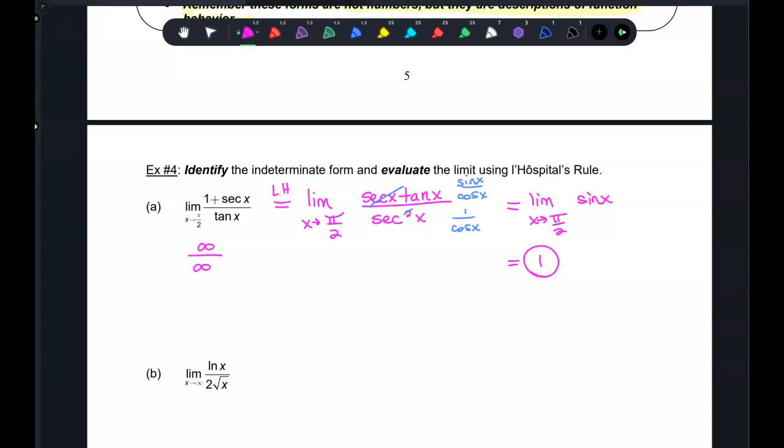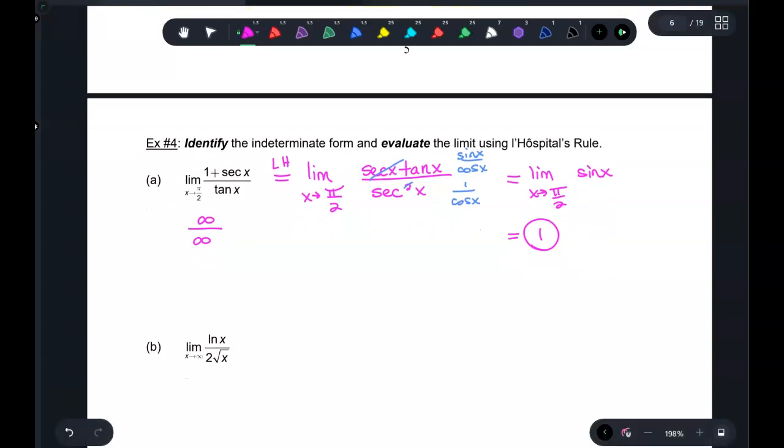Wait, how did you get that it was infinity over infinity? Okay, so if you think of the secant graph, which is 1 over cosine, what happens at pi over 2, 3 pi over 2, and so on? Do you remember that?